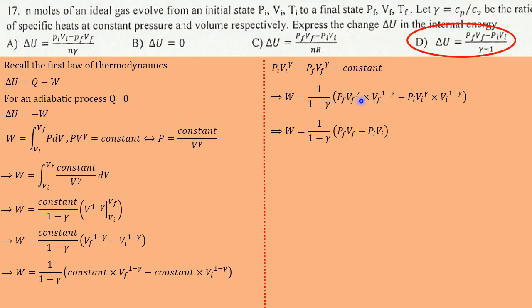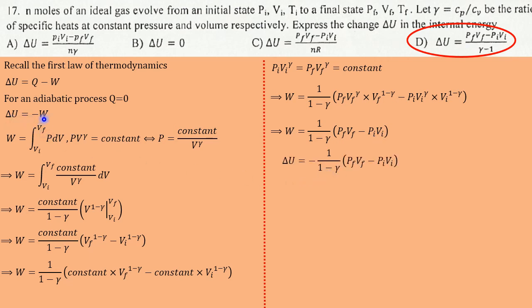Now if we try to simplify, you see Vf and Vf have the same base, so we simply add up the indices, and that gives us gamma plus 1 minus gamma, which is 1, and that's why we have Vf there. It's the same for Vi, because we have gamma plus 1 minus gamma, which is just Vi. So that's the work done.